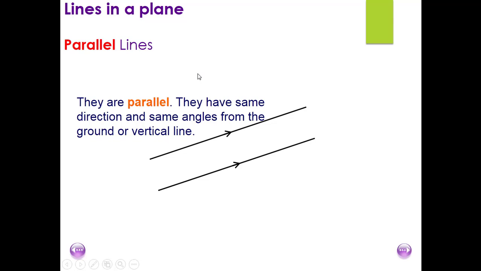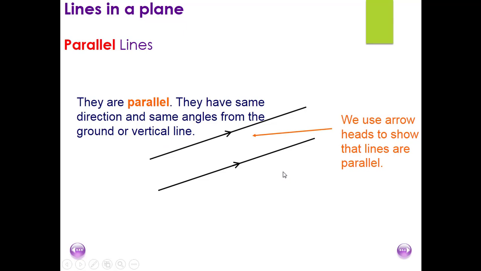The second type, the parallel lines. The parallel lines go in only one direction, they have the same direction, and they have the same angle from the ground or vertical line. I will explain this point. What does it mean? They have the same direction, same angles from the ground and vertical line.